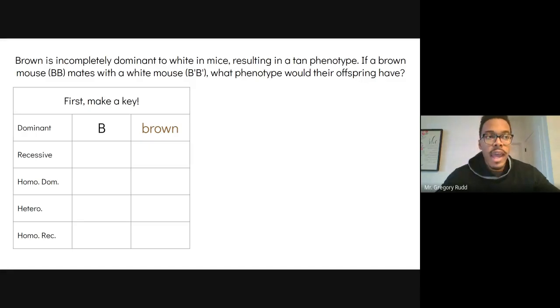Yes, now that should be a capital B. I just want to be clear about that. In this case, they're both capital. So the dominant allele is a capital B. The recessive allele is also a capital B, followed by an apostrophe. Thank you, Brianna. And which trait does this code for?